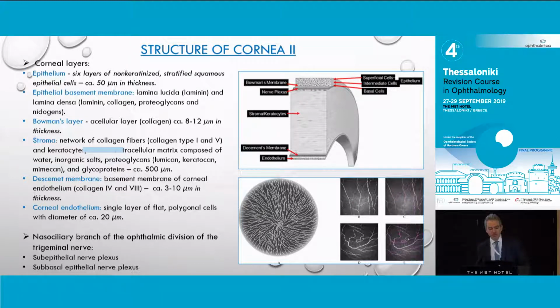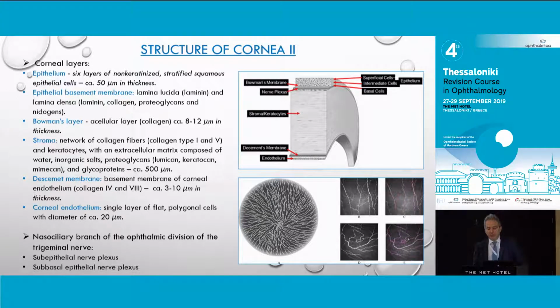And we all know the layers of the cornea: the epithelium, which is constantly regenerating, the basement membrane, the Bowman's layer, the stroma making up more than 80% of the corneal thickness, the Dua's layer before Descemet's membrane, the Descemet's membrane, and the corneal endothelium, which has no capacity of regeneration.